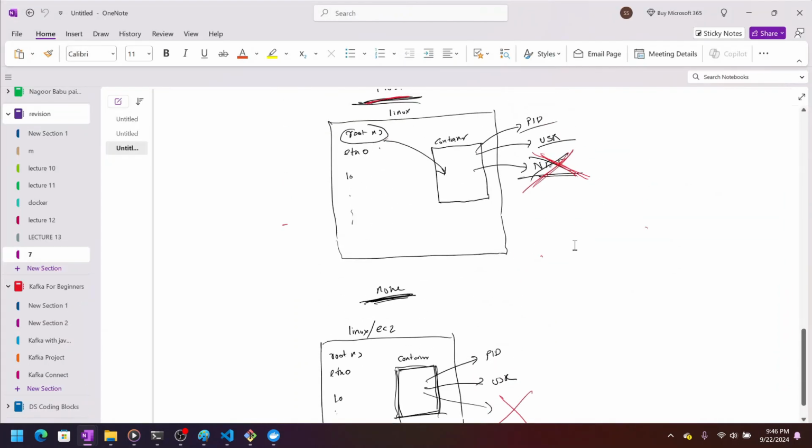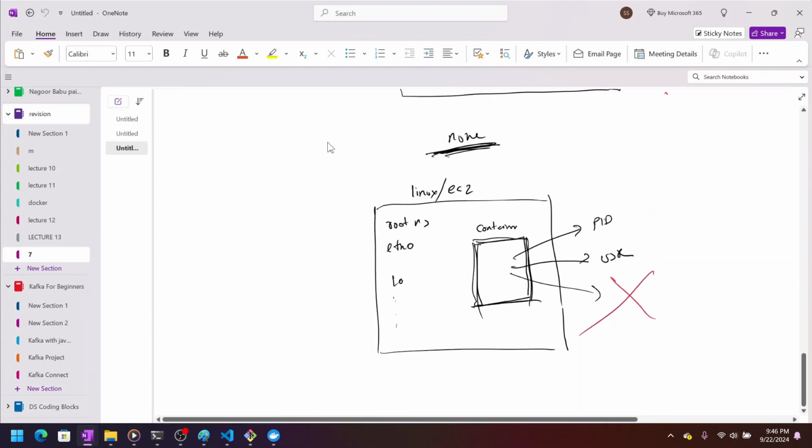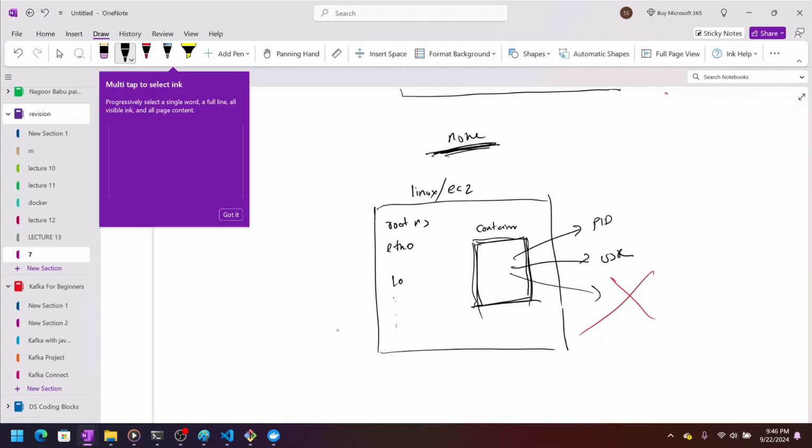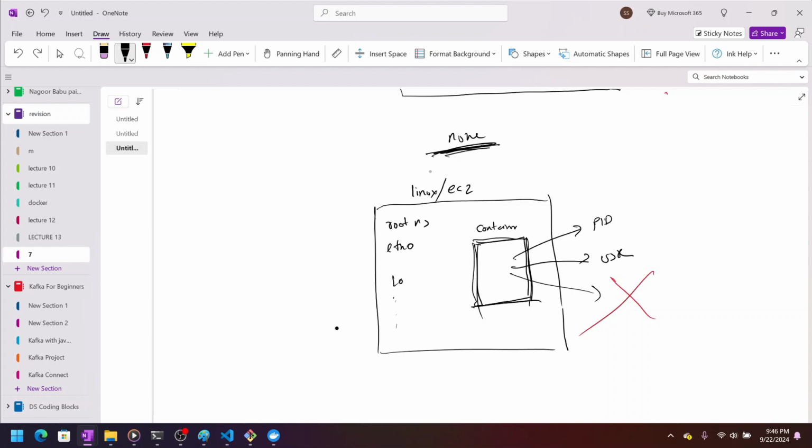So while using the none driver, let's say this is your Linux machine, and you have your root network namespace here, which will have eth0, loopback and many other network interfaces. And this is a container you created using Docker, but you have used the network driver as none.